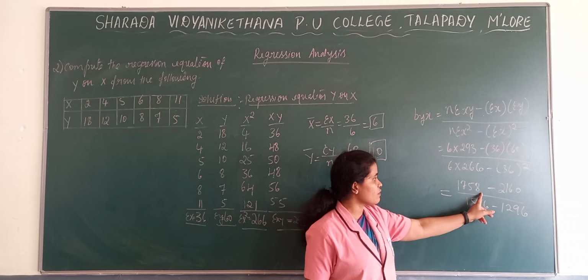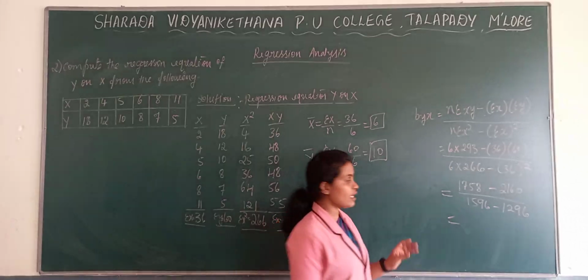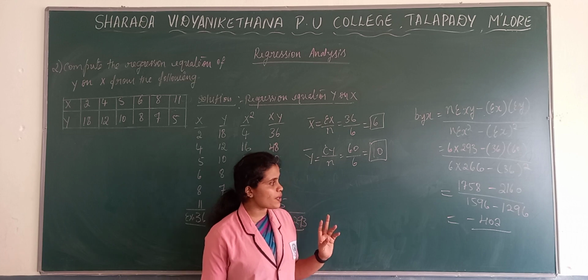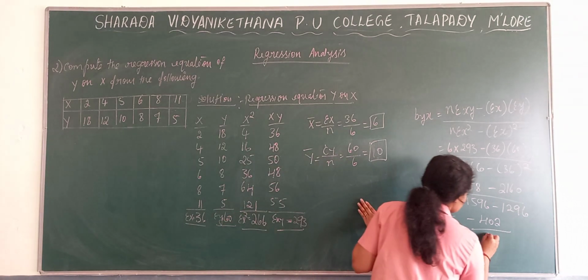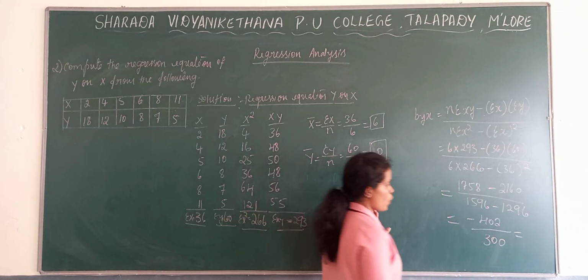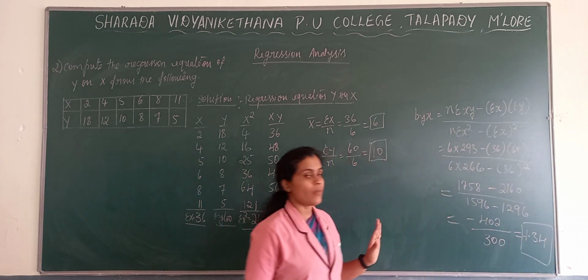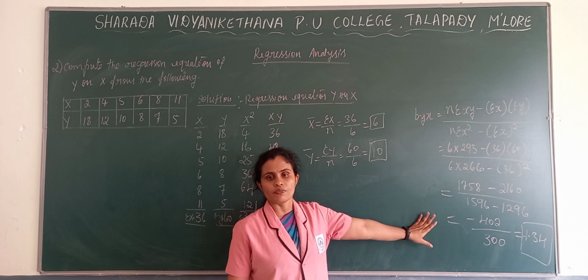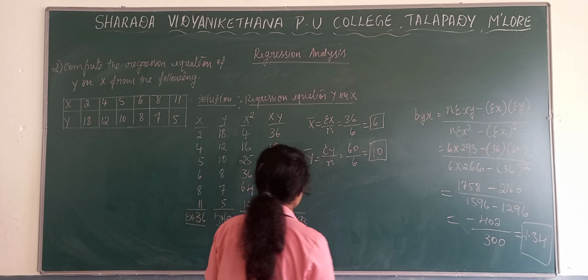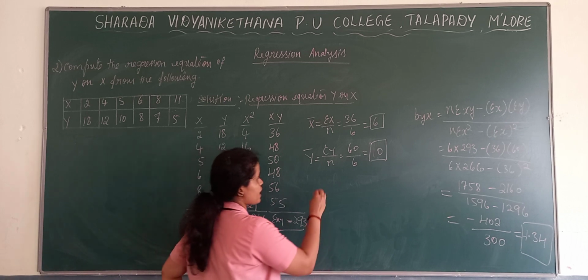So when we divide 1758 minus 2160, we get minus 402, divided by 1596 minus 1296, we get 300. So we get byx as minus 1.34. Now next, what do we need to find out? We need to obtain the y on x equation.